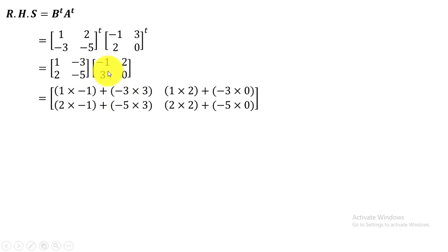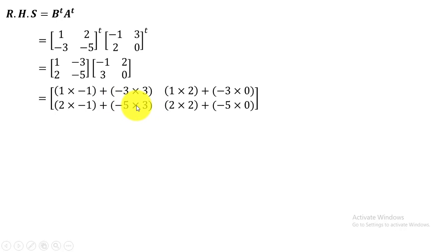The top left entry is obtained by the product of the first row times the first column, that is 1 times -1 plus -3 times 3. The top right entry is obtained by the product of the first row times the second column, 1 times 2 plus -3 times 0.